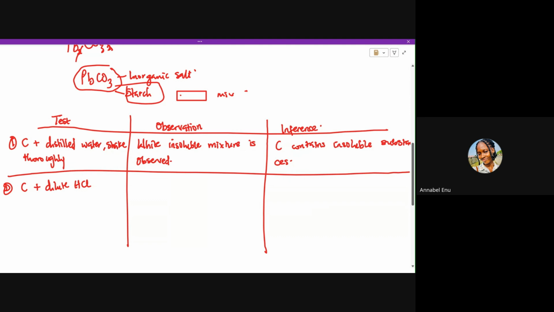Now in this step we are going to be observing two things. One, we are going to be observing an effervescence.